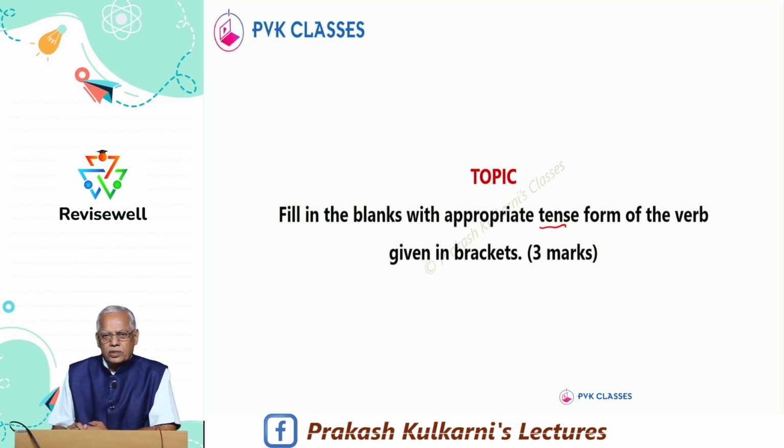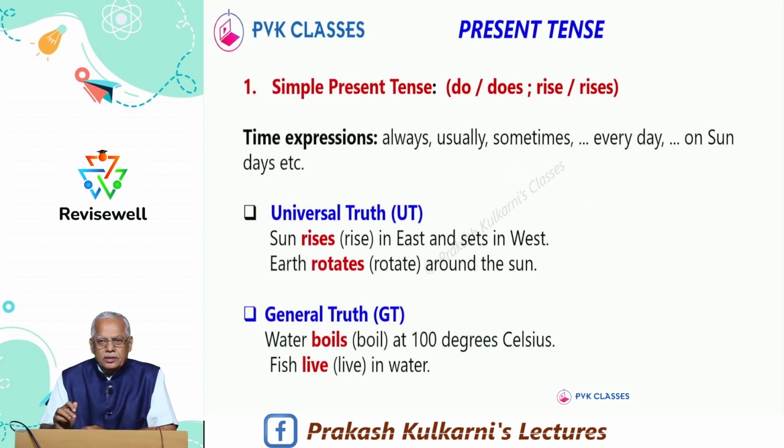Generally, it is asked for 3 marks. Now, to begin with, I have introduced tenses. The first one is simple present tense. In bracket, I have given 2 examples. Now, do, does, rise, rises.